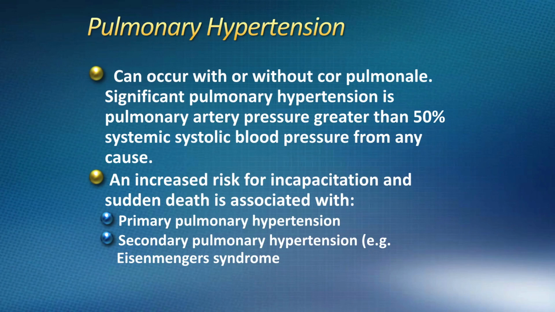Pulmonary hypertension, again, is something that you're not likely to pick up in the office on a physical exam or on a history. Somebody may come in and tell you that they've been diagnosed with pulmonary hypertension. Pulmonary hypertension can be primary, as in we don't know why, or secondary, as in we need to find out or we've already found out why that's happening.